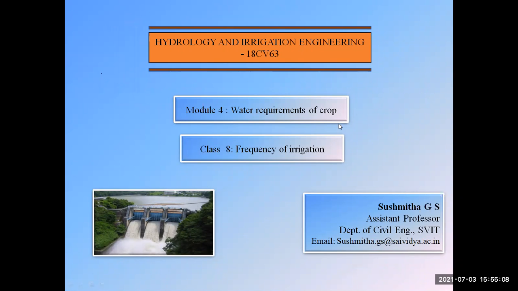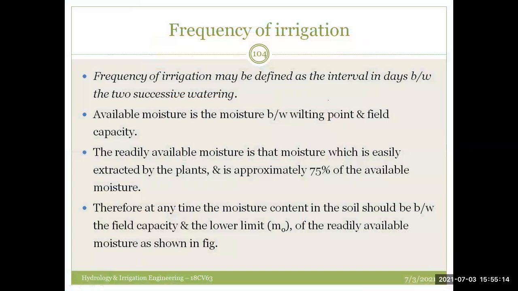So in this class we are discussing what is frequency of irrigation. Frequency is defined as the interval, in days, between two successive waterings.